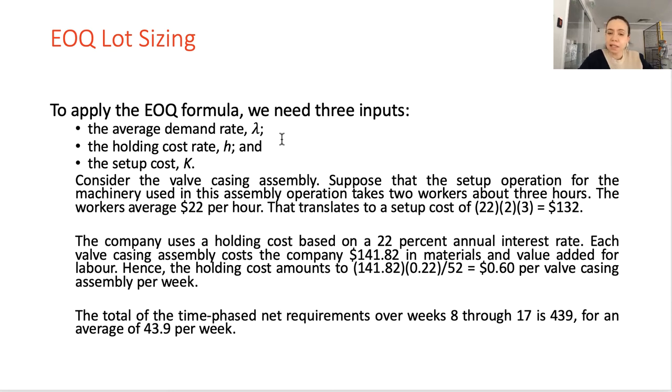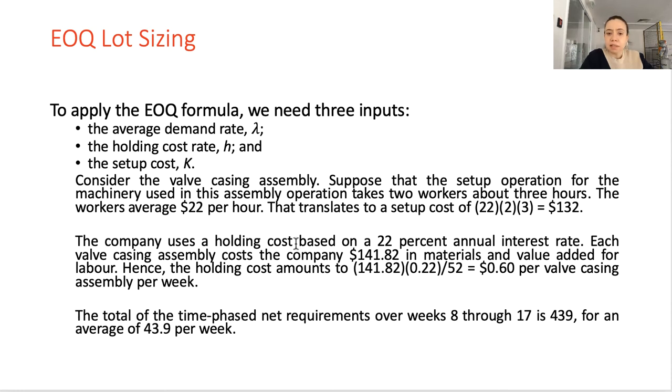And let's again consider the previous example, the example about the trumpet production. One of the components of the trumpet was the valve casing assembly, remember that. Now we will determine the production amounts of the valve casing assembly with EOQ lot sizing. Suppose that there is a setup for producing this assembly.